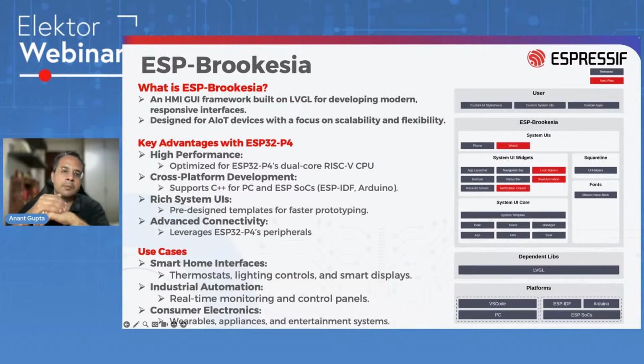Another very interesting project which we have is ESP-Brookesia. It's related to the ESP-HMI I just talked about, but more from a developer point of view. It's a GUI development framework built on LVGL for developing modern and responsive interfaces. It is designed for AIoT devices with a focus on scalability and flexibility.